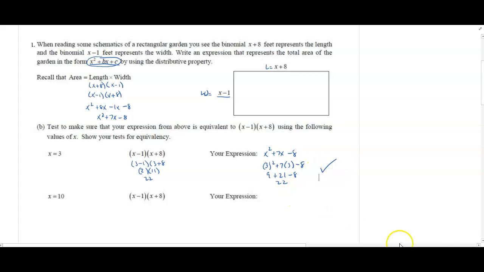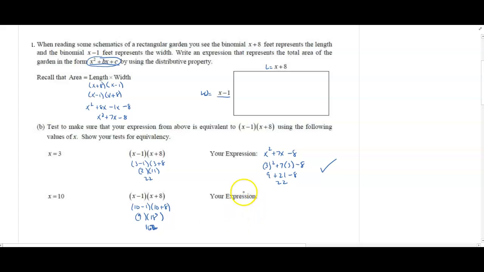That checks out. Okay? If we do it when x is 10, 10 minus 1 times 10 plus 8 will give me 9 times 18. Okay? 9 times 18 gives you 162.